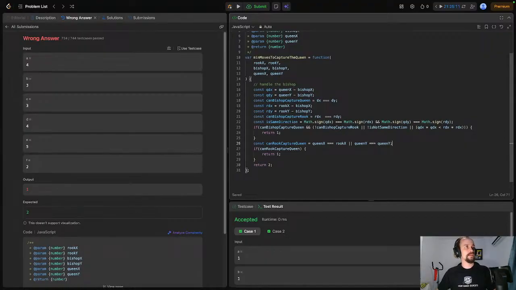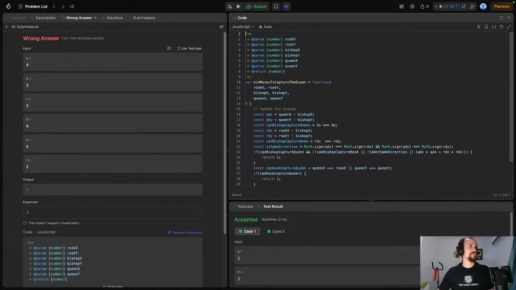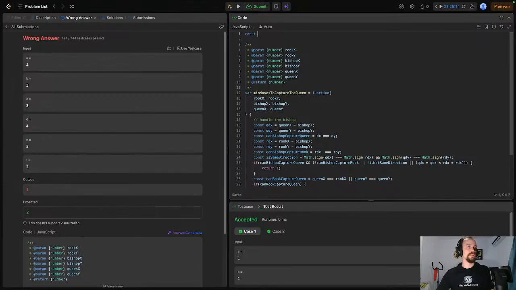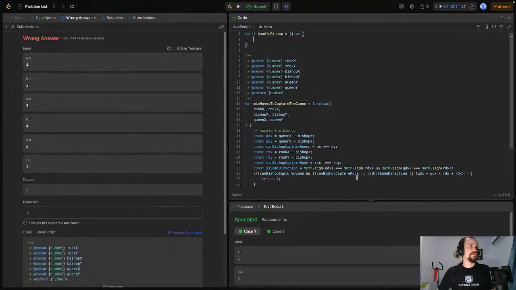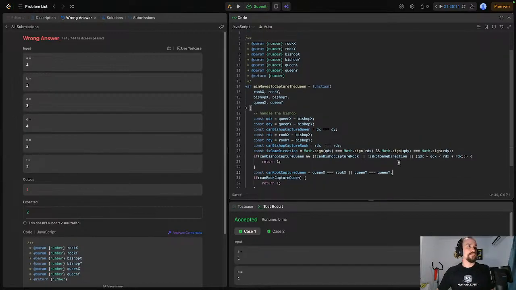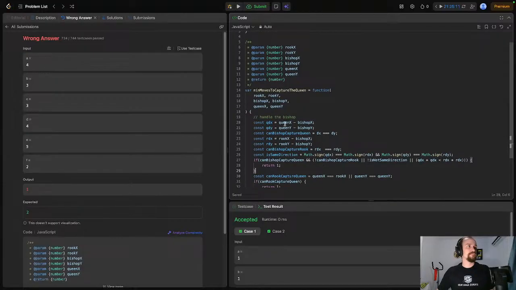And then the next thing is to do it all over again except for the rook. So I'm gonna do const handle bishop. I'm gonna move all this logic into there.